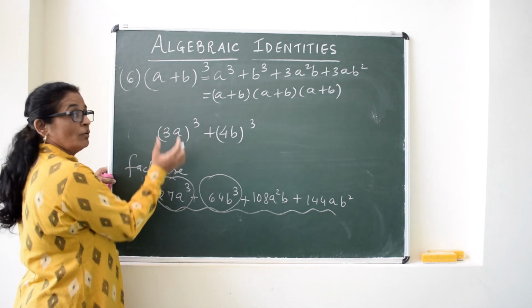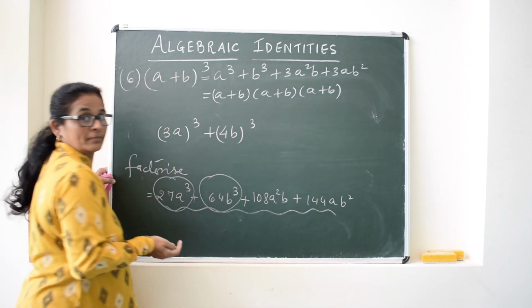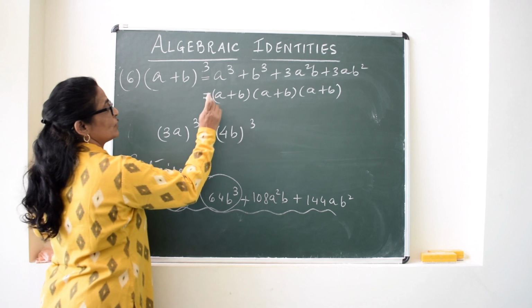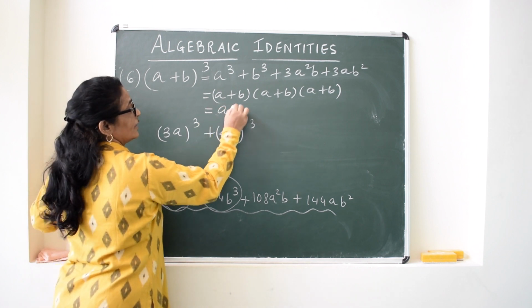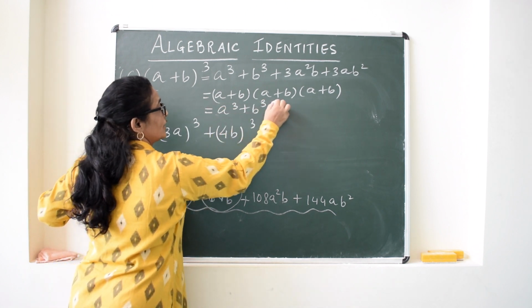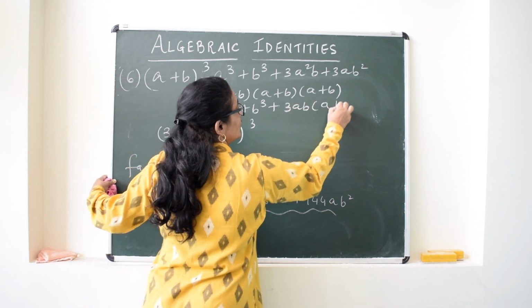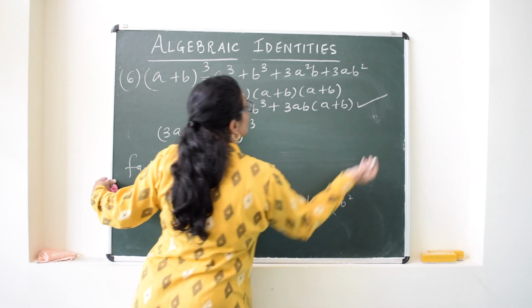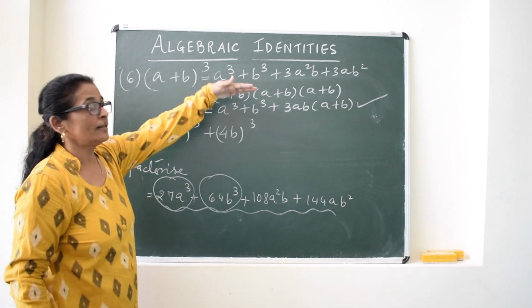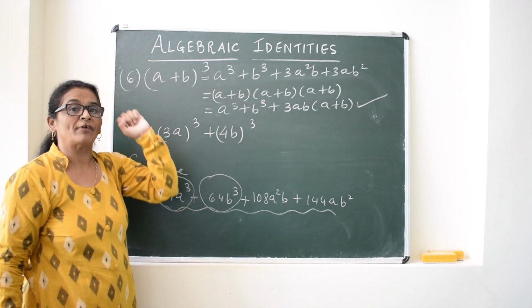So we have to go back to this form. Okay. And further I told you, after this, a cube plus b cube plus 3ab into (a + b). So first we will go to this form and then we will go to the 3 linear factors.